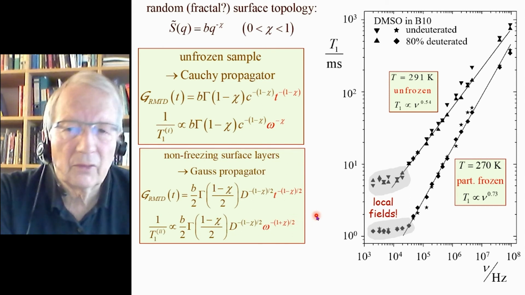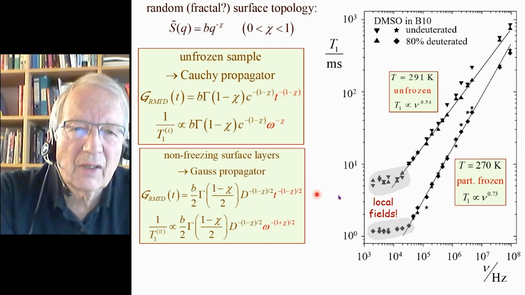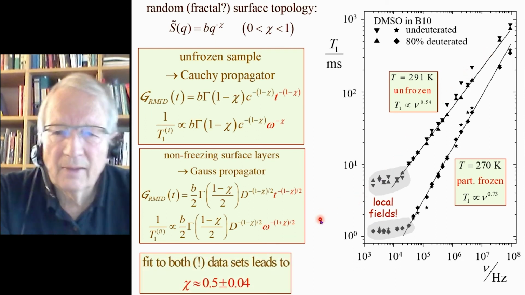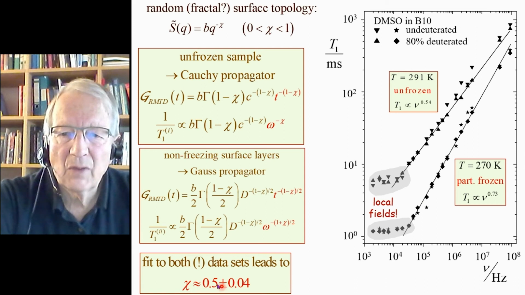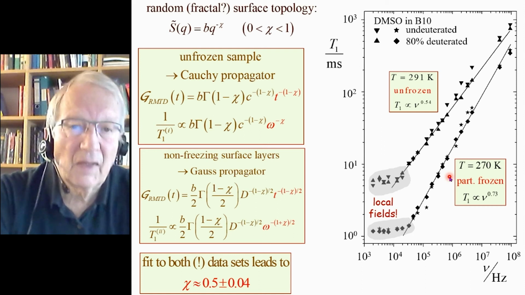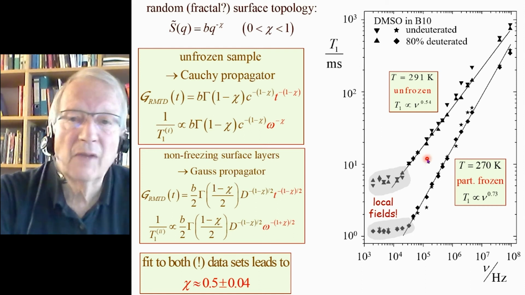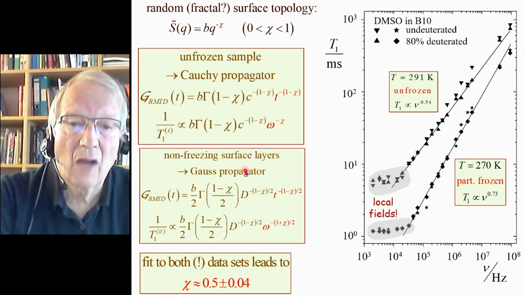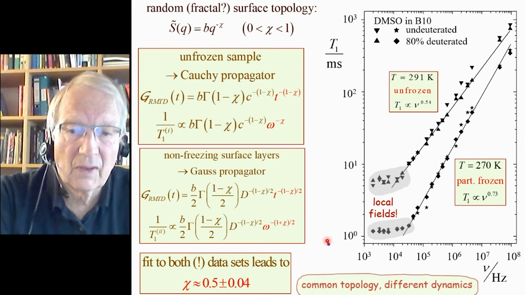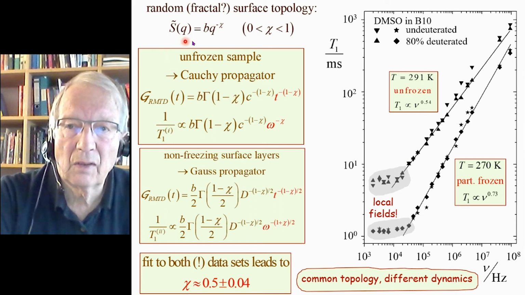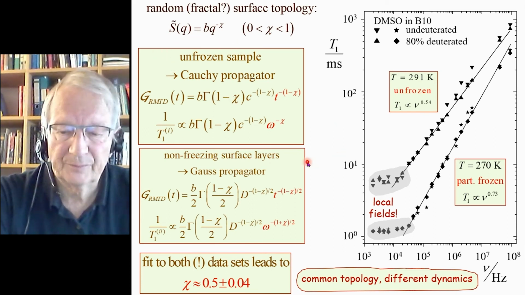So we have two different predictions, and we can fit these laws to these experimental data, and we find a common exponent chi of 0.5 in both cases. Also we have the same topology, the same material, but we have different dynamics, Cauchy or Gauss. So this shows that both situations can be described by this assumption for the surface topology.